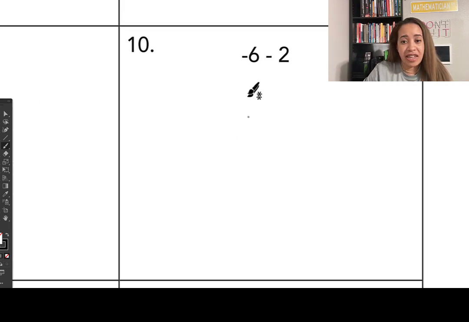Here is number 10. Always say keep, change, change when you see subtraction. We are going to keep the negative 6, change from a minus to a plus, and change from a positive 2 to a negative 2. Now that I've turned it into an addition problem, I need to take a closer look at my signs, and I see that we have the same signs.